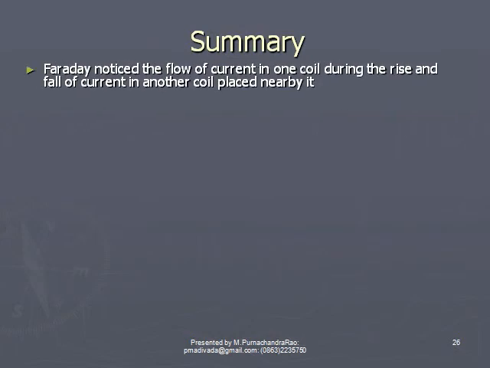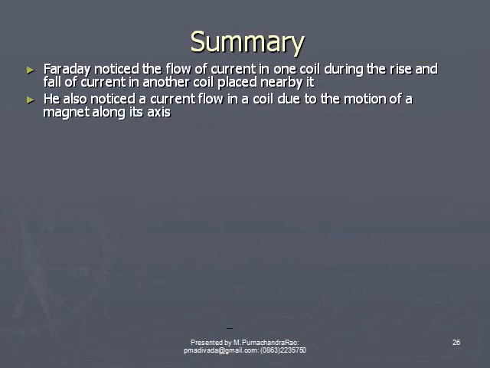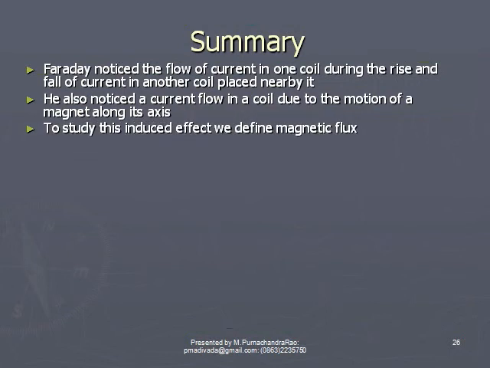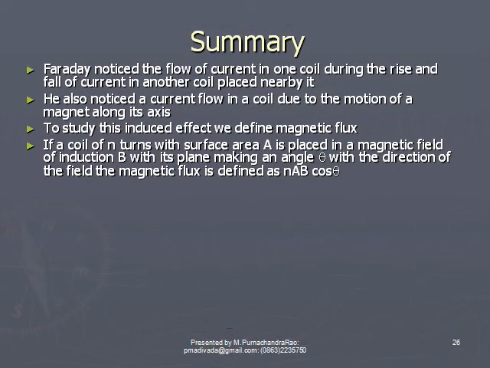Summary of this class. Faraday noticed that a current flows in one coil due to the rise or fall of current in another coil placed nearby. He also noticed a current flow in a coil due to the motion of a magnet along its axis, moving towards it or away from it. To study this induced effect, he defined a quantity known as magnetic flux.